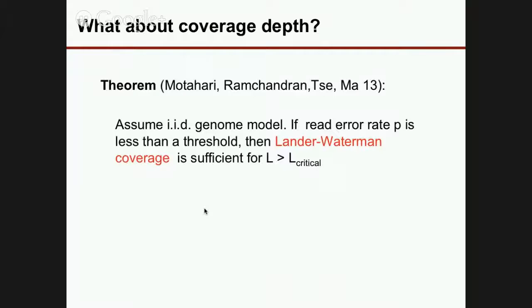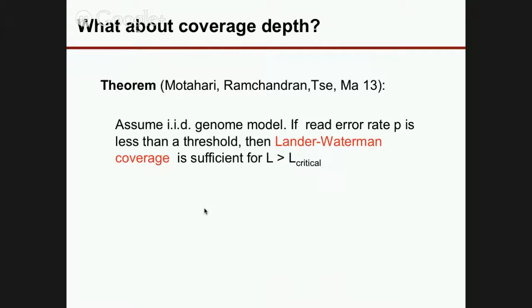And we proved the following theorem. Our result is on the one hand weaker than Qi Jiang's result. Because what we showed is that if I make a strong assumption that the genome is IID distributed, which as I showed was not a very realistic assumption. On the other hand, it does allow us to prove quite a strong result. Okay?